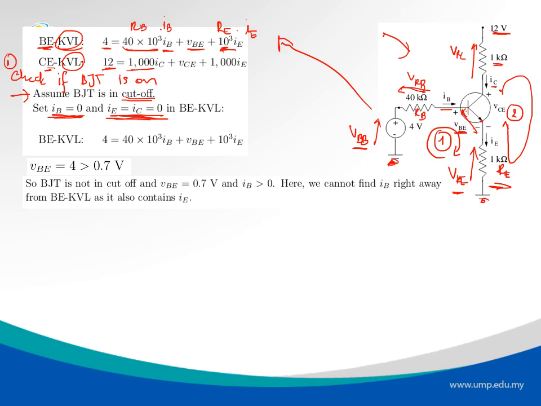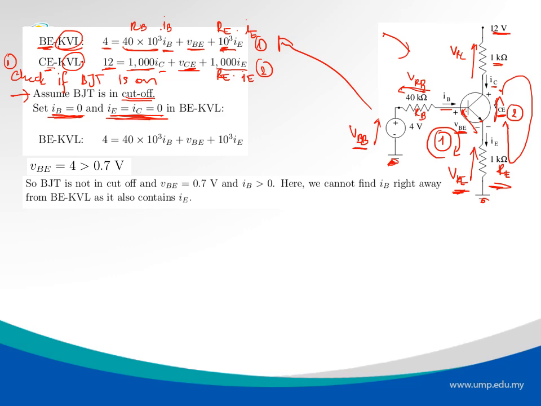RC is 1 kilo multiplied by IC, plus VCE, and then plus 1 kilo times IE, which is basically VRE. It's RE multiplied by IE, right? So we have these two KVLs. This is the first KVL, this is the second KVL. So how would we use this?